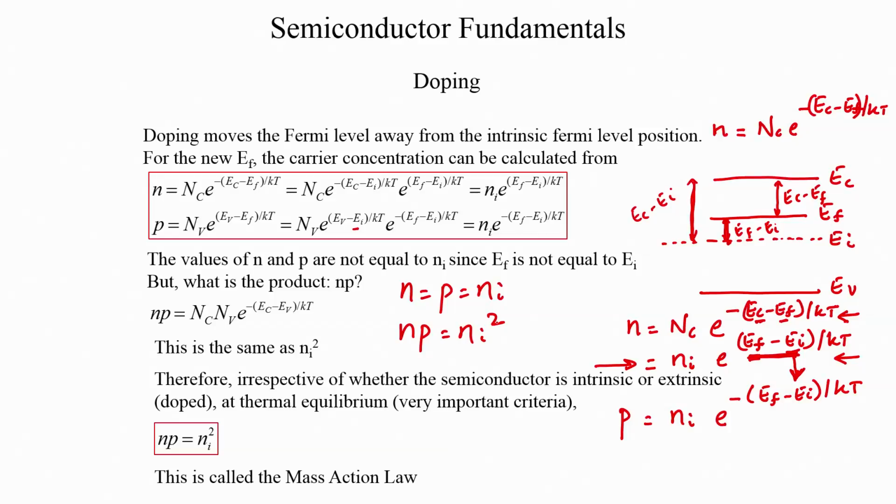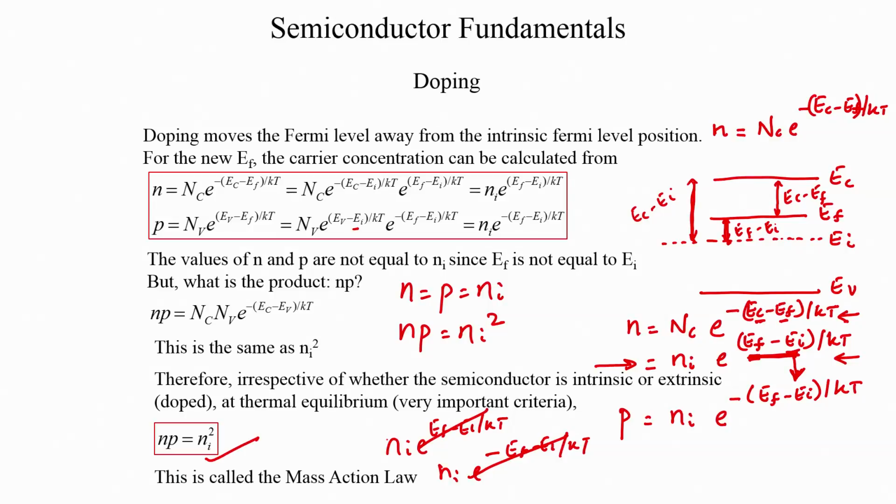But what about the doped semiconductor? What is this product np? It is now equal to Ni e to the power (Ef minus Ei) by kT into Ni e to the power minus (Ef minus Ei) by kT. These two terms cancel, and therefore this product is still equal to Ni square.